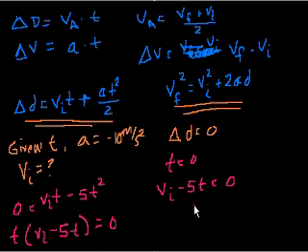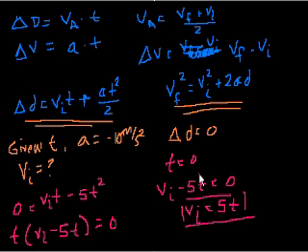Or, since I'm solving for velocity, we know that vi is equal to 5t. Interesting. So, what does this say? There's 2 times. If we knew the velocity, we could solve it the other way. We could say that t is equal to vi divided by 5, right? These are the same things, just solving for a different variable.